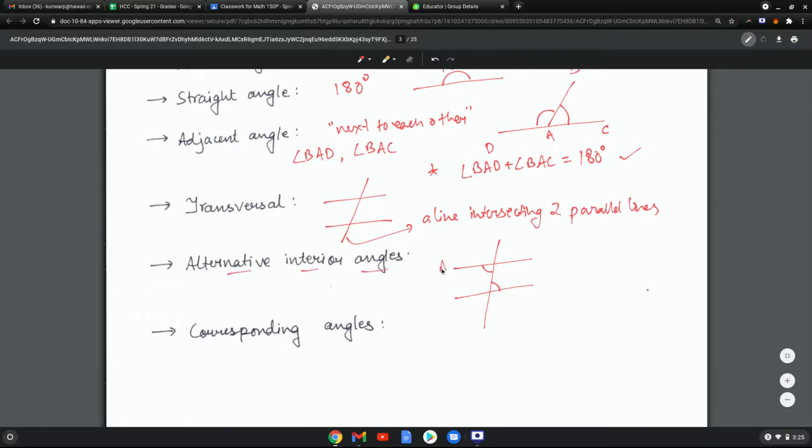So let's go ahead and name them. Say this is A, B, C, D, E, F, G, H. So angle ABF and angle BFG are alternate interior. Similarly, angle CBF and angle BFE are alternate interior angles.